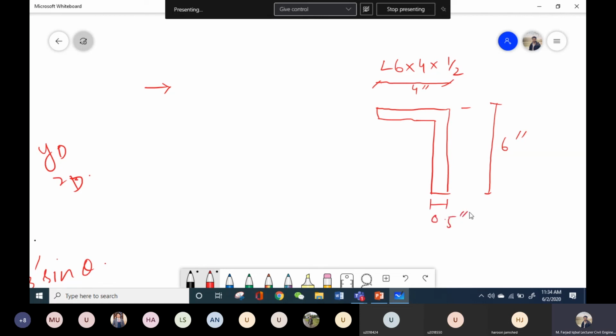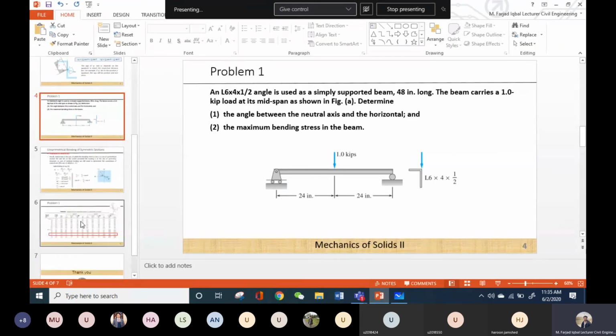So this is 0.5 inch, which is given in the question, L6 by 4 by 1/2. The next step is to figure out the distances of the centroidal axis. This we have to do from the section table, so let's move on to that one.